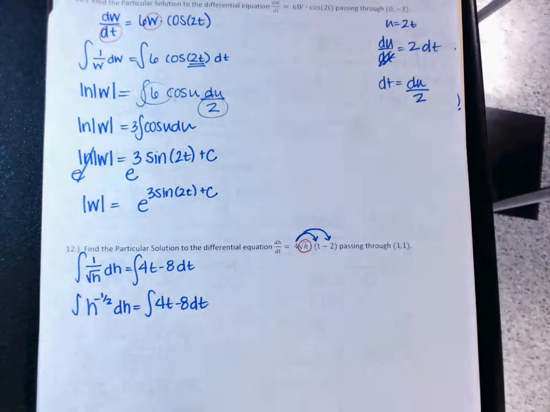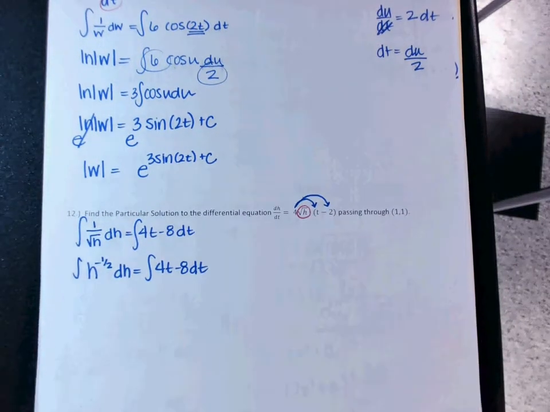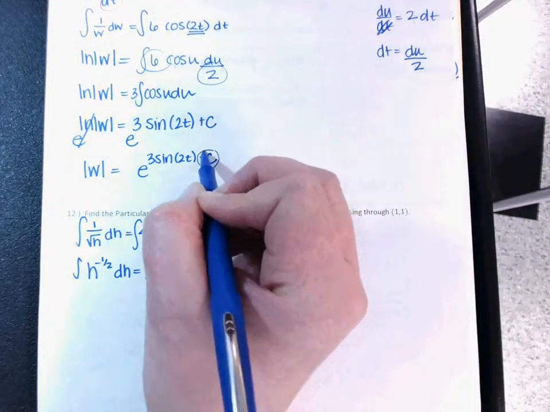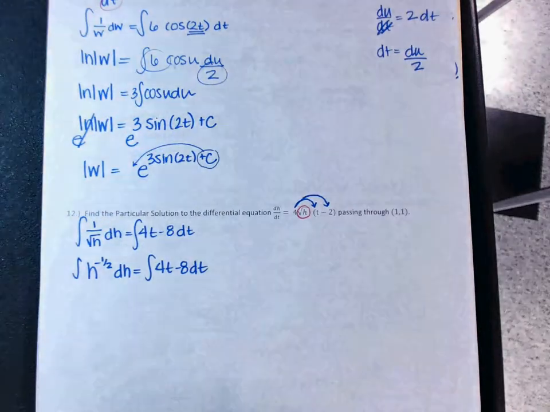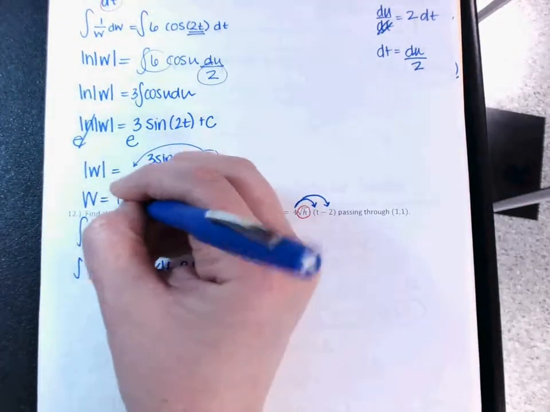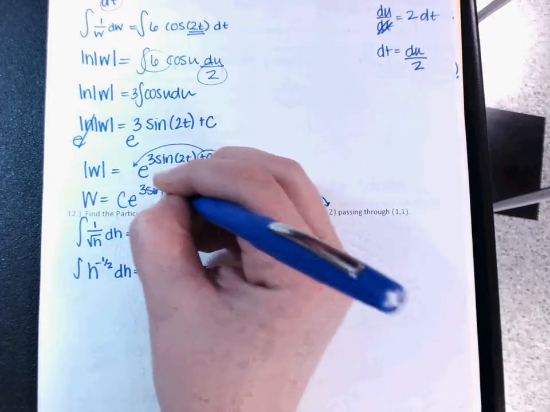You are allowed to take the plus c from here and move it down to the front, so that it looks like this: w equals c e to the 3 sine 2t.